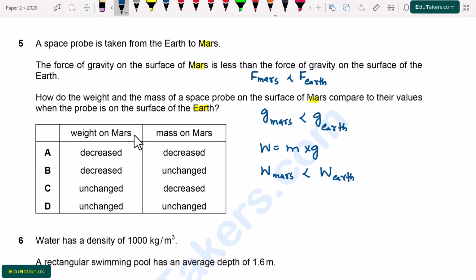But what's about mass? Mass is the intrinsic property of the object. It does not depend upon the value of G. So, the mass remains unchanged. From here, weight on the Mars and mass on the Mars is given. Weight decreases, but mass remains unchanged. So, from here, option B is correct.